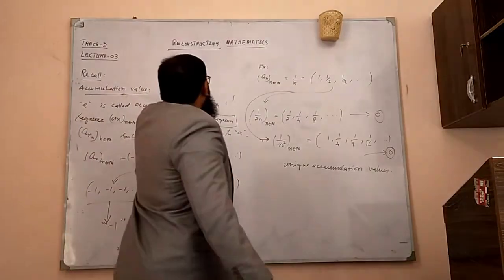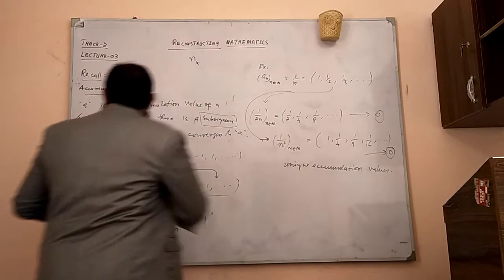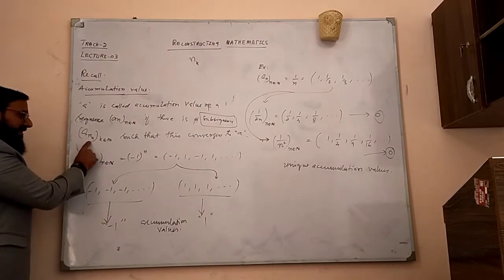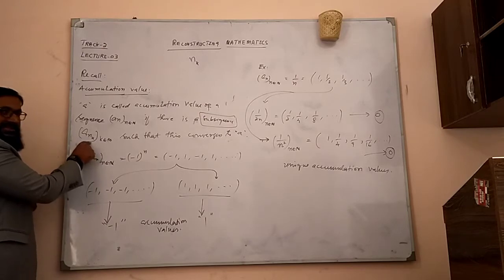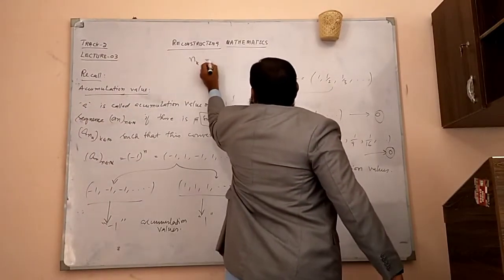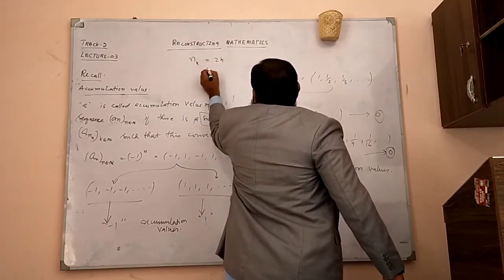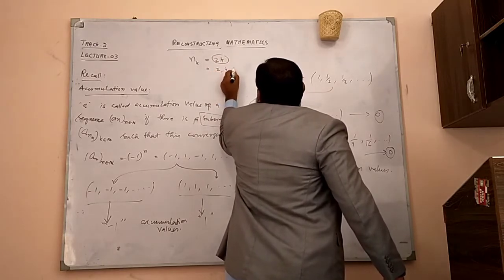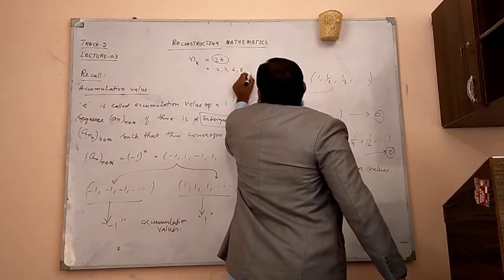What is the definition of a subsequence? You choose some n_k, which follows some pattern. And this n_k itself is a sequence, and this sequence is an increasing sequence. For example, I choose n_k to be 2k. It means I choose all the even numbers 2, 4, 6, 8 and so on.